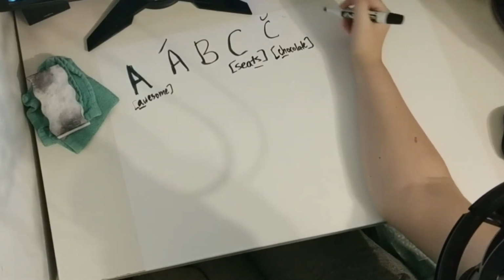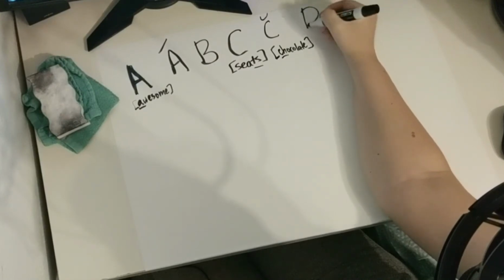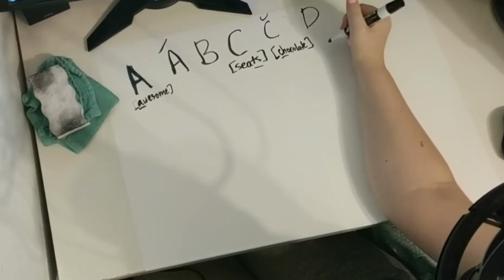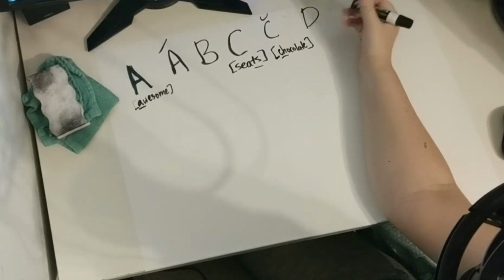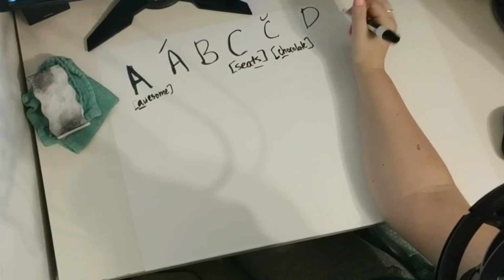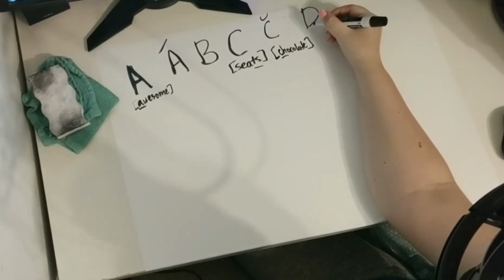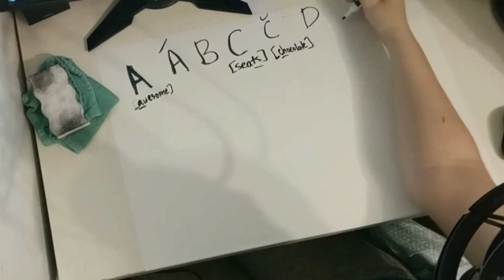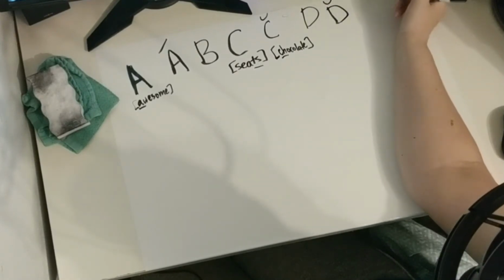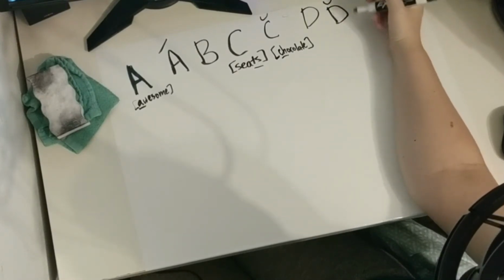Next we have the letter D, which is pronounced like an English duh, like dog, dead, things like that, duh, very simple. And then we have the soft version. So this is the hard sound, duh, and then we have the soft. Anytime you see the háček over it, that means it's a soft consonant.